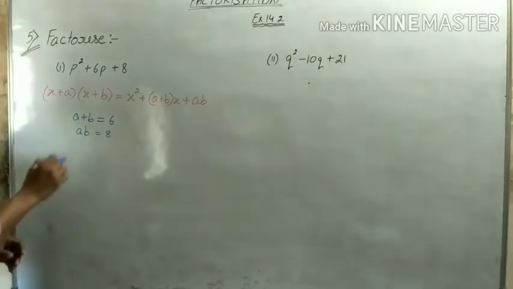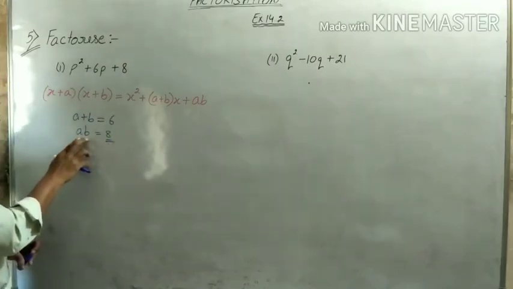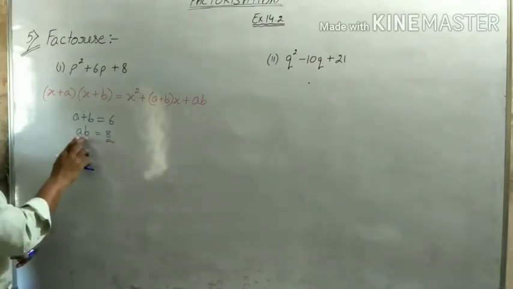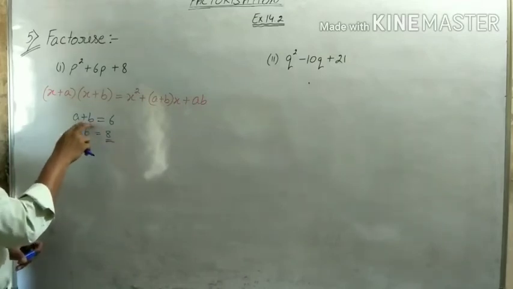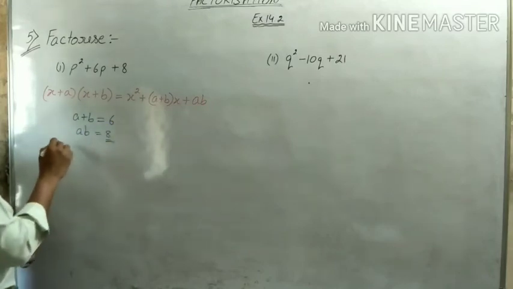So we need to find such factors of 8 that when you multiply both of them you get 8, but when you add both the factors you get 6. So which are they? Easily from this you can find it out.